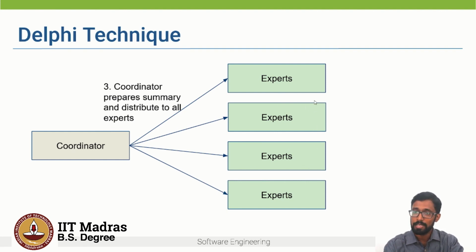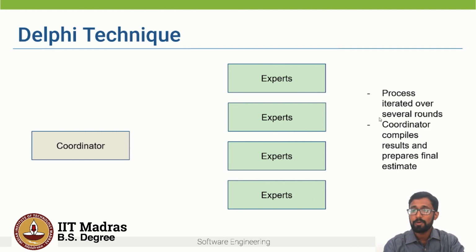And note that these comments are still anonymous. Experts do not know who has provided the estimation. And this process is iterated over several rounds, and the coordinator compiles the results and prepares the final estimate.